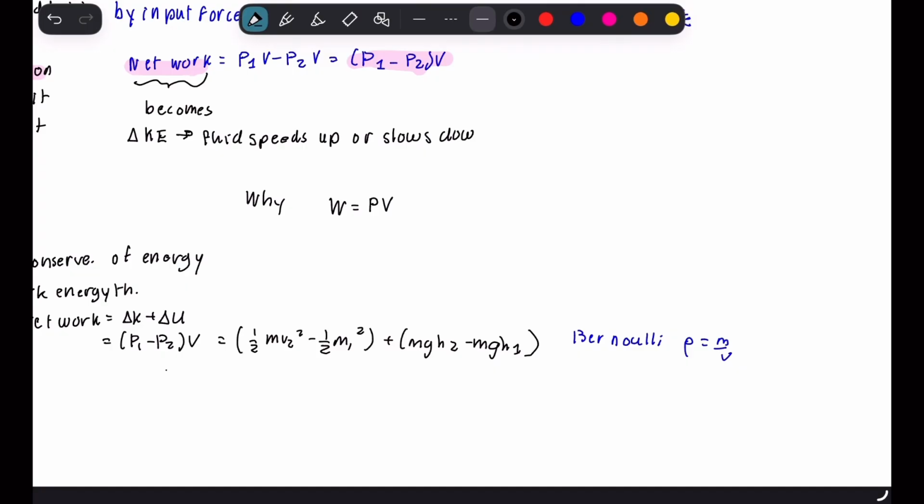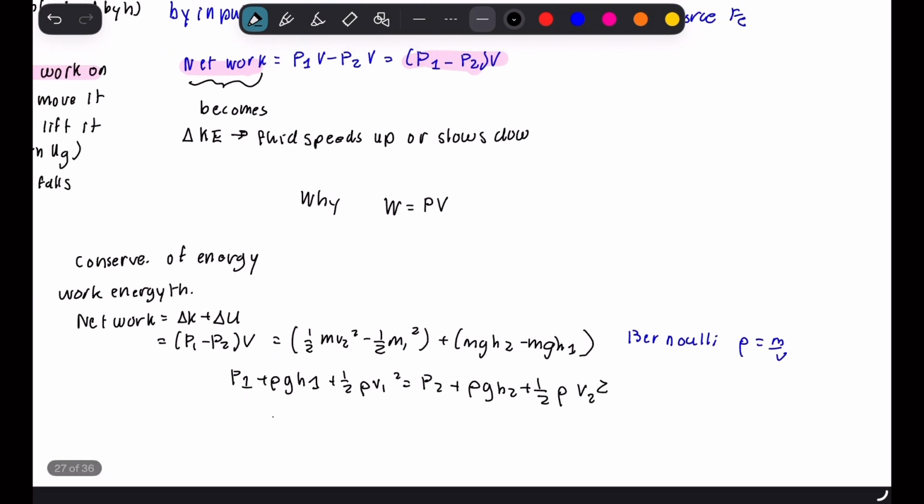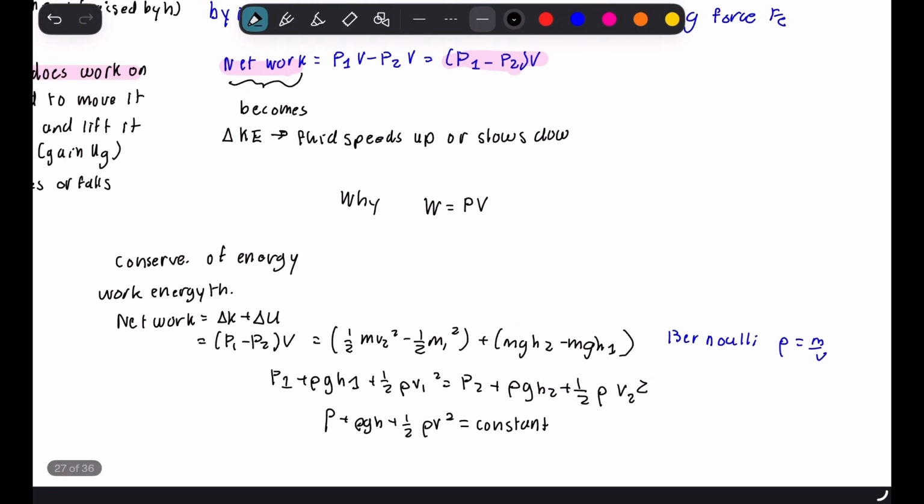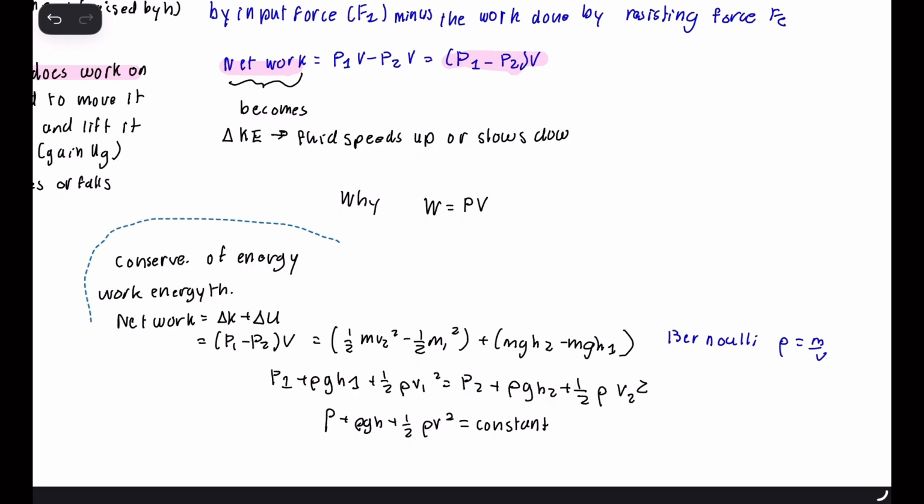So you get that P plus rho GH plus 1/2 rho V squared is going to be constant. So inside of this equation, we can actually break this up.